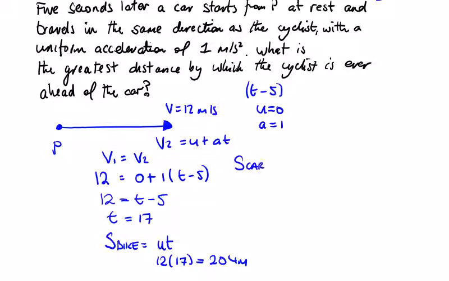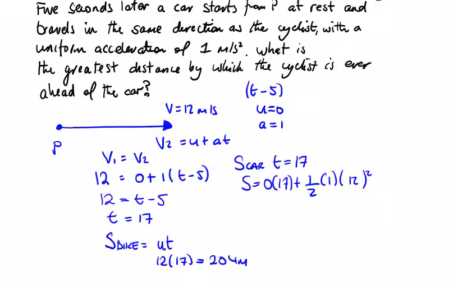And the distance for the car when T equals 17: S is equal to UT, well 0, we started it from rest, plus a half A, which is 1 by 17 squared. Not 17, it's T minus 5, so 12 squared, half A T squared, should be careful.